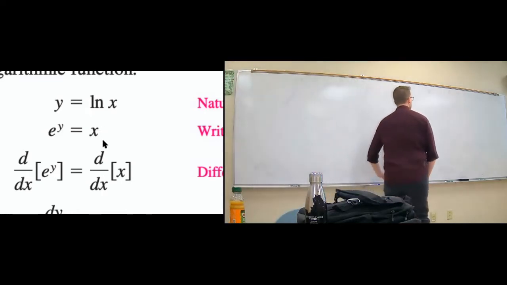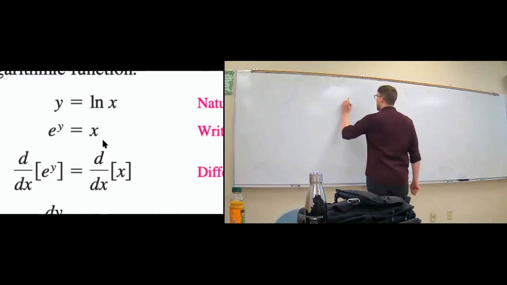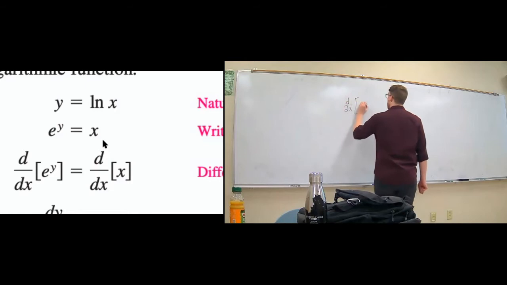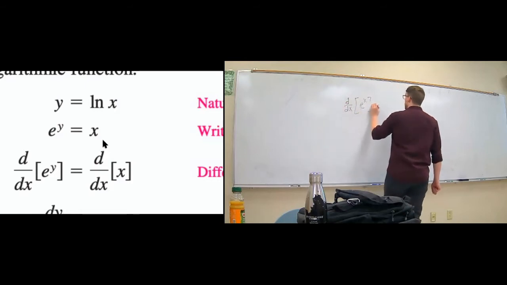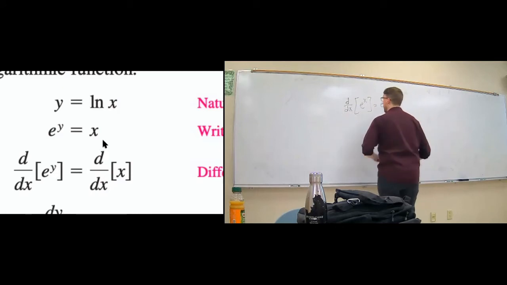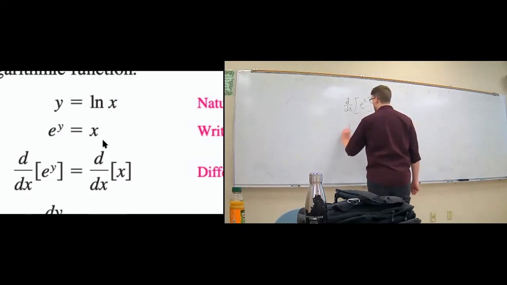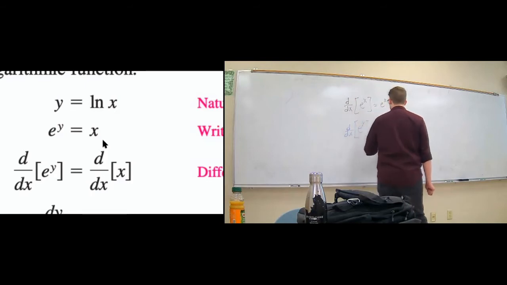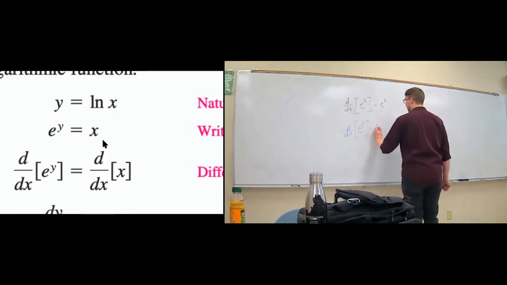So in other words, because d dx of e to the x is equal to e to the x, by implicit differentiation we know d dx of e to the y is going to be equal to e to the y. Let me write this another way.